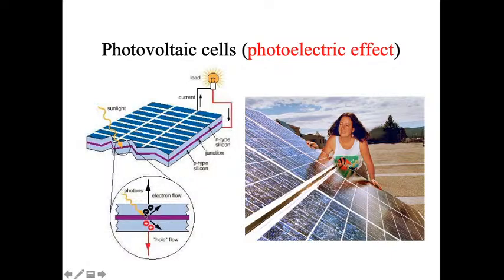That photon is going to transfer all of its energy, or a large portion of its energy, into freeing these electrons, and those freed electrons will now flow through our carrying wire and produce electrical energy as a result.